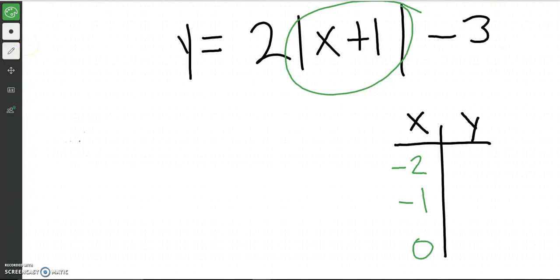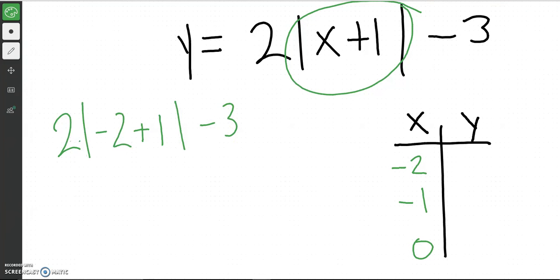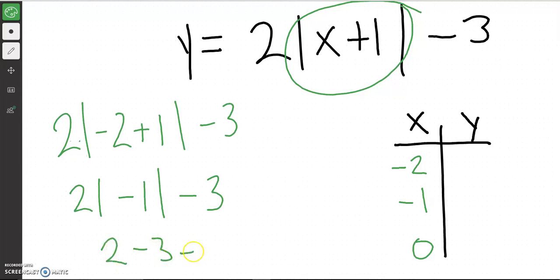So when we plug that in, I'll have 2 times the absolute value of -2 plus 1, minus 3. When I solve that, I'd get 2 absolute value of -1, minus 3. Absolute value of -1 is +1. +1 times 2 is 2. So I get -1 right here.